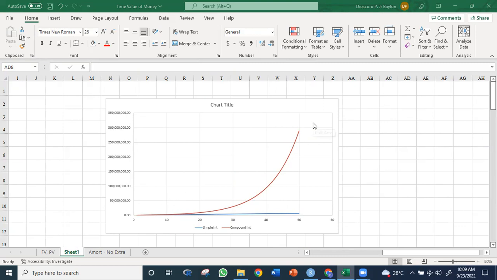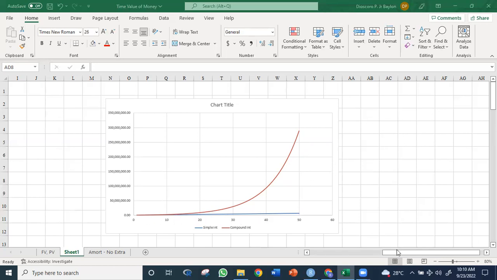So we can see that the red line, I hope it's clear to you, class, the big difference between a simple interest, this is just a straight line, as compared to a compound interest, which is an exponential. This is called an exponential curve because the time is being exponentiated.